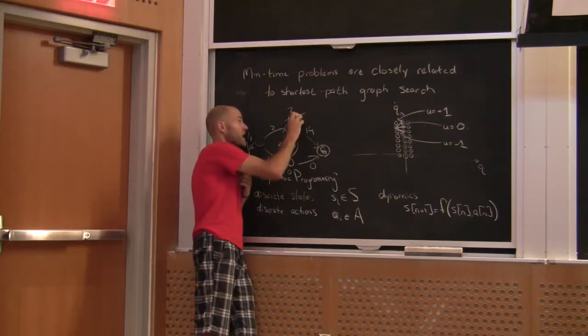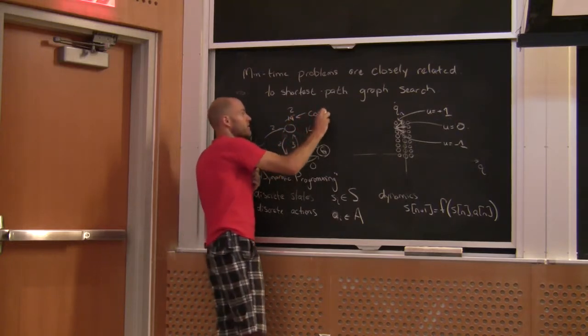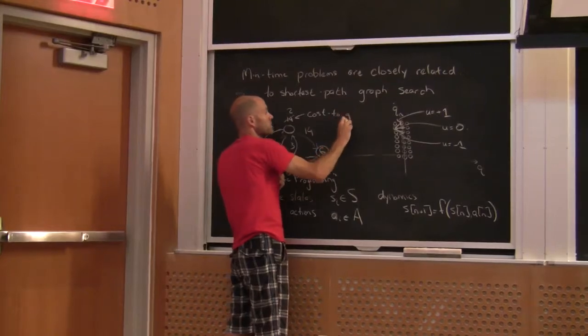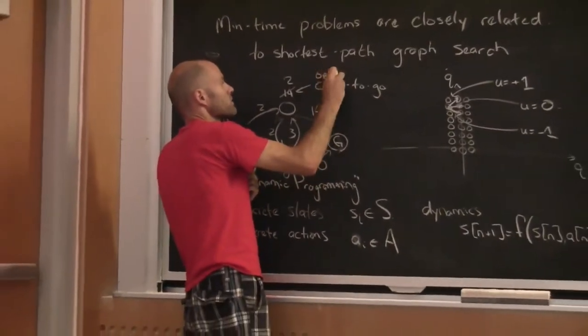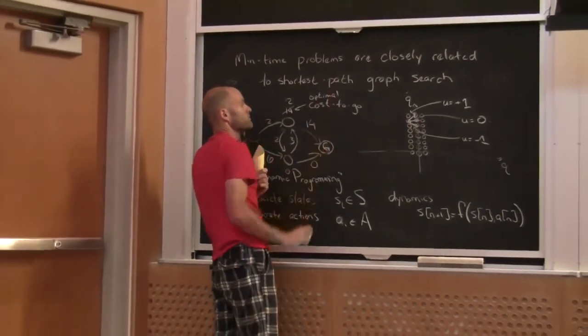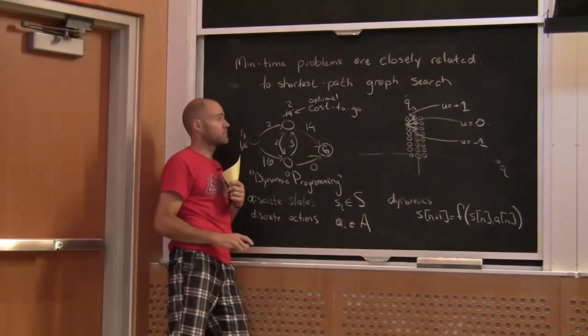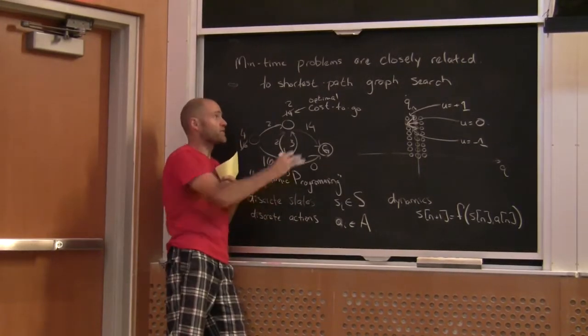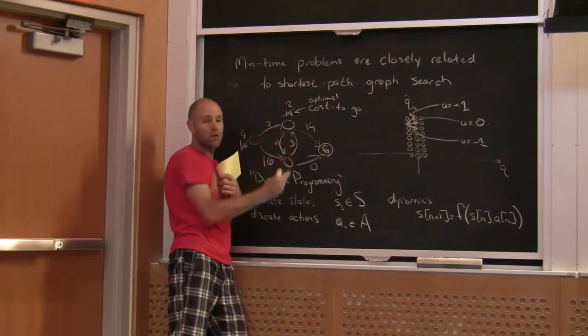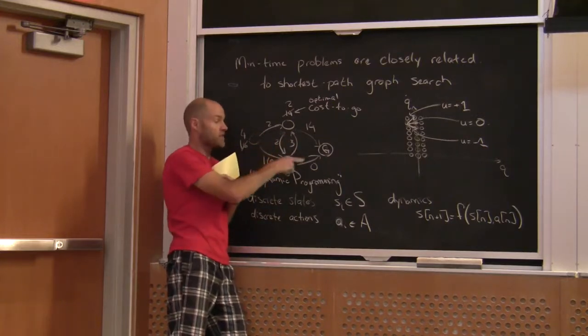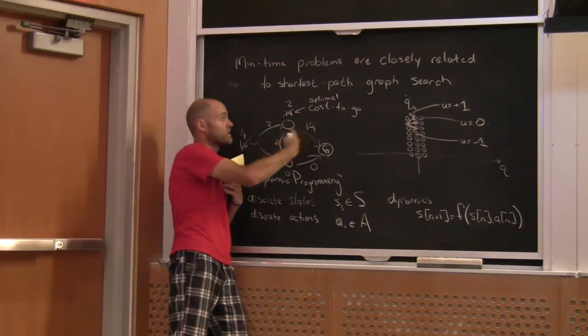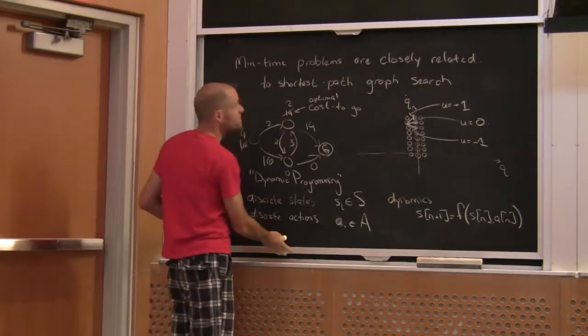So these tallies are my optimal cost to go. The claim is that if you can compute the optimal cost to go, then it's easy to execute the optimal policy, and it's actually recursively pretty easy to calculate the optimal cost to go.